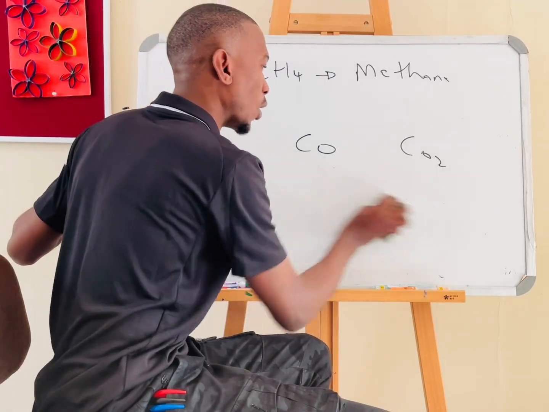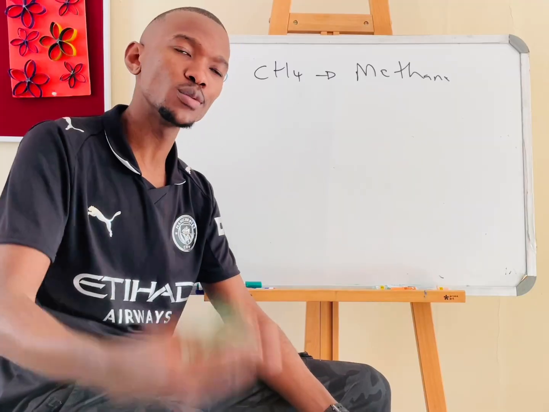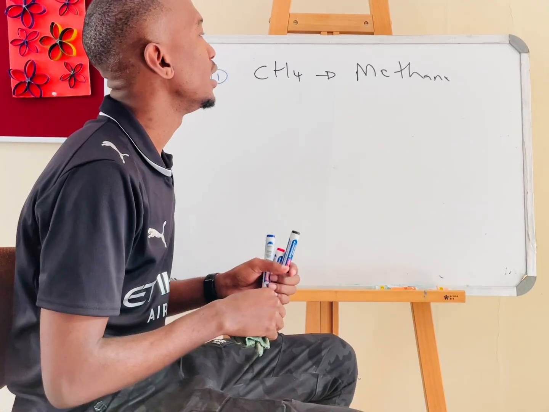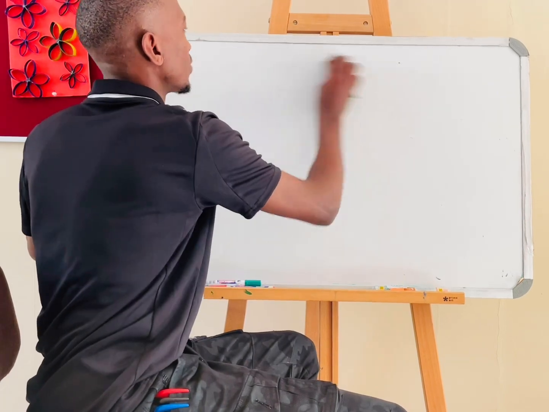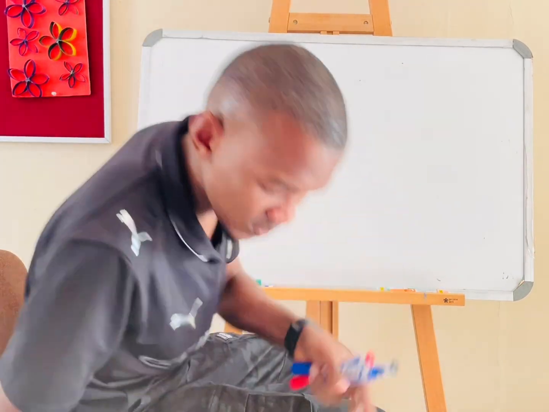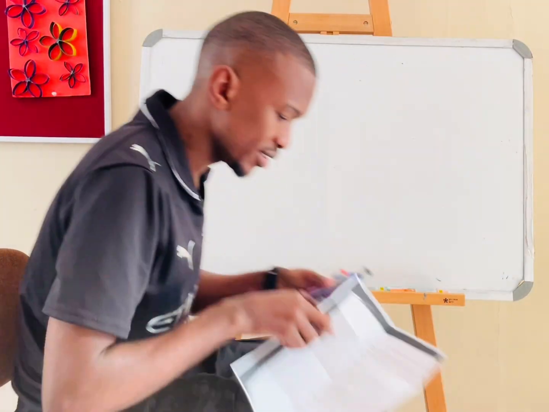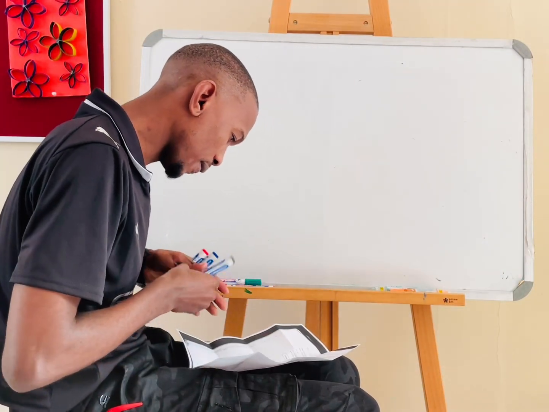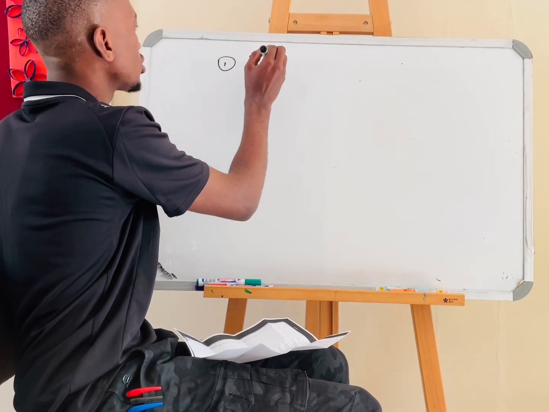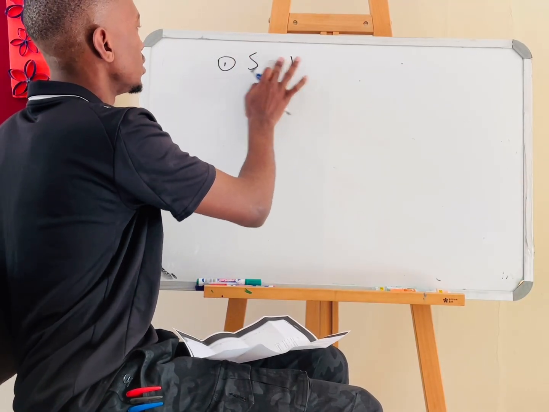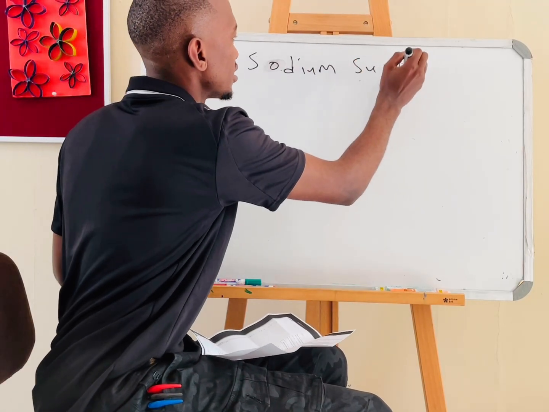All right, I hope you're all good. Guys, please go and study the polyatomic ions, monoatomic ions, and diatomic, and then we will be good. Now, there is the last part I would like to do with you. We have sodium sulfate, guys, number 1. You are given sodium sulfate.